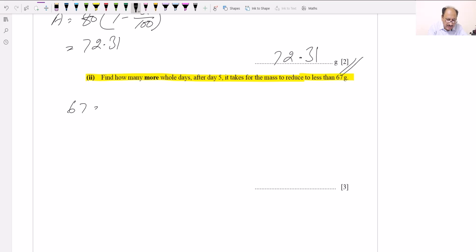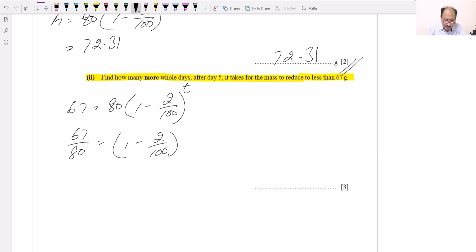Amount is 67, principal is 80, and 1 minus rate is 1 minus 2 over 100, and this time we need to calculate t. First we'll shift 80 to the other side and we'll get 67 over 80 is equal to 1 minus 2 over 100 raised to the power t.